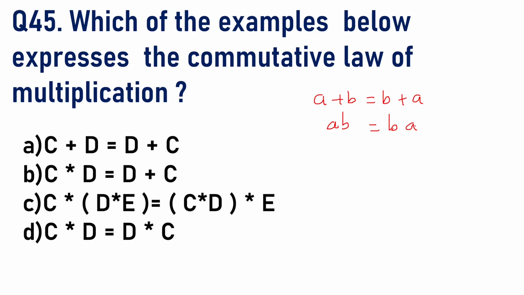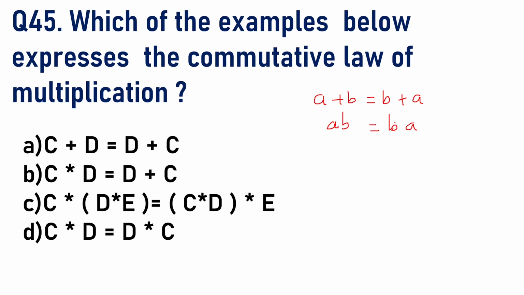In the first case, the left hand side is a plus b and the right hand side is b plus a. If you change the order, the sum will not change. Similarly, in the second case, a into b is equal to b into a, so if you change the order of a and b, the product value is not going to change.